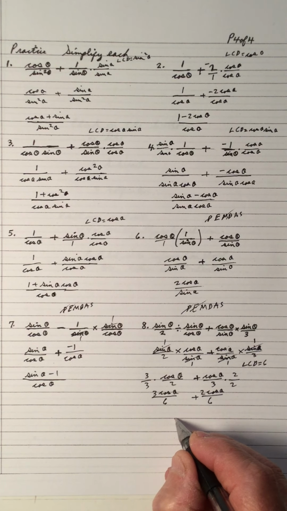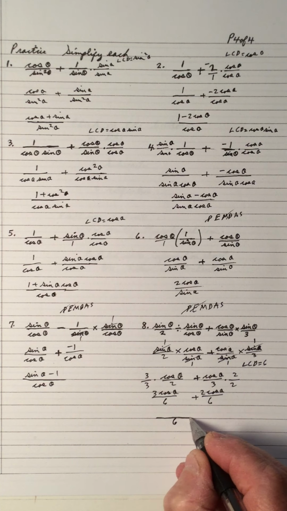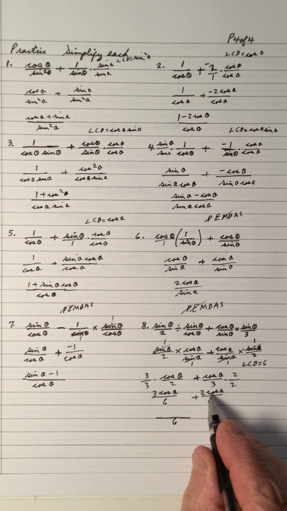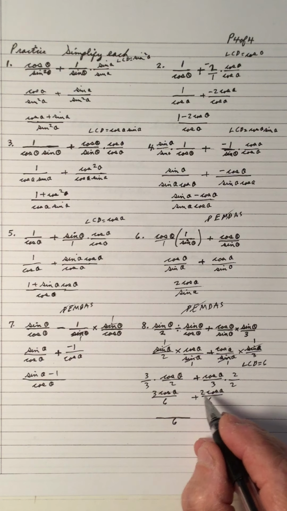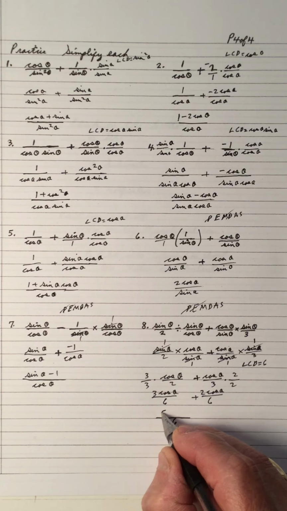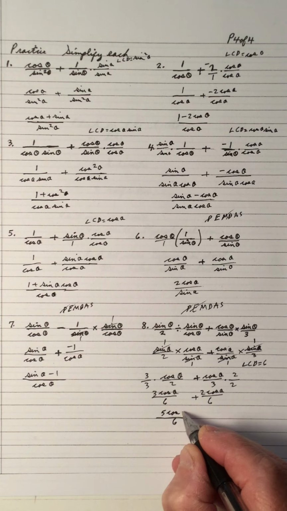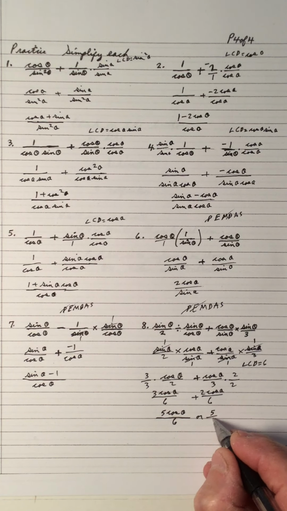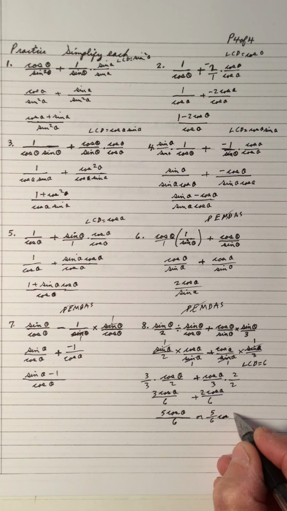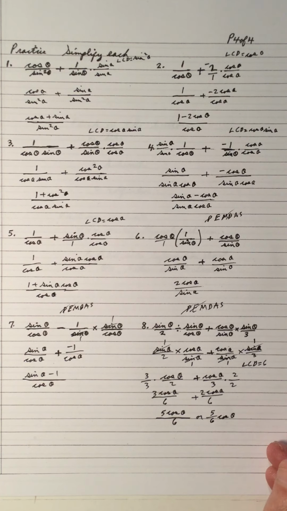And both fractions have the same denominator of 6. And we can add these, yes, and we can combine them because you've got cos theta, cos theta. So 3 plus 2 is 5 cos theta. So that could be your answer. Or you could have 5 over 6 cos theta. Either or.